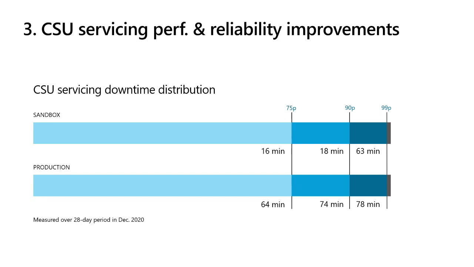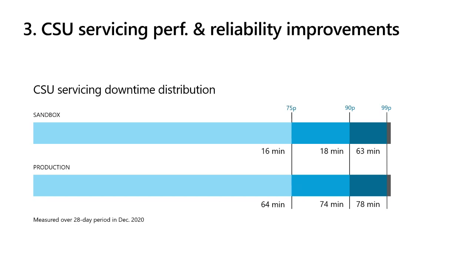That capability at this point has been rolled out to CSUs for sandbox environments. And so in this chart, you'll see for sandbox environment CSUs, the 75th percentile is about 16 minutes, the 90th percentile is 18 minutes, and in the worst case the 99th percentile is still under an hour.